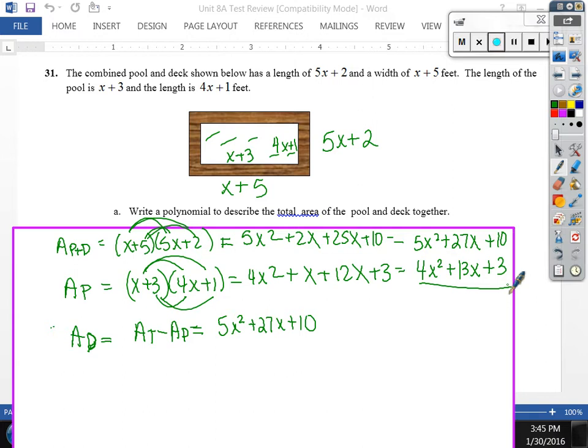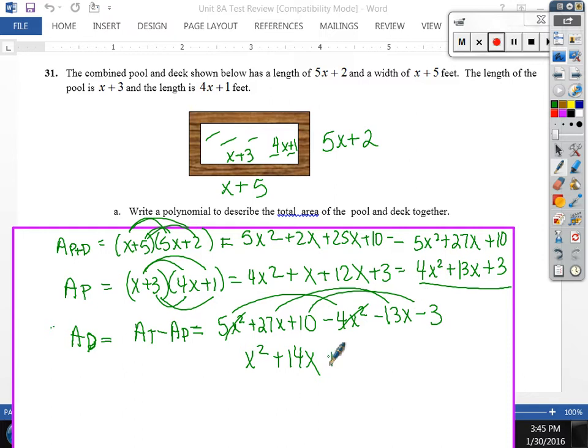So I'm going to change the sign on each of those. So minus 4x squared minus 13x minus 3. Now I'm going to collect like terms. So 5x squared minus 4x squared is x squared. 27x minus 13x is plus 14x. And 10 minus 3 is 7.